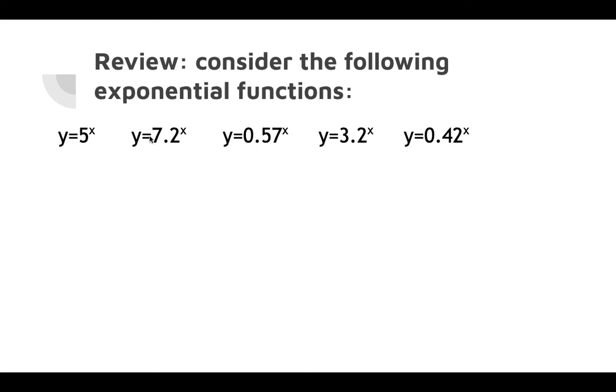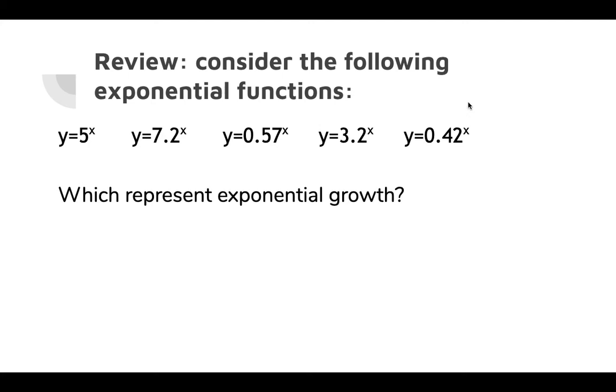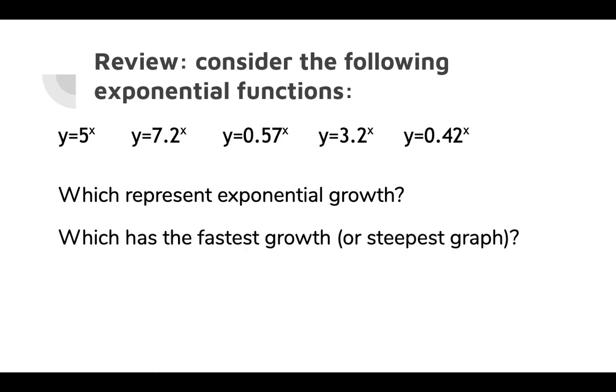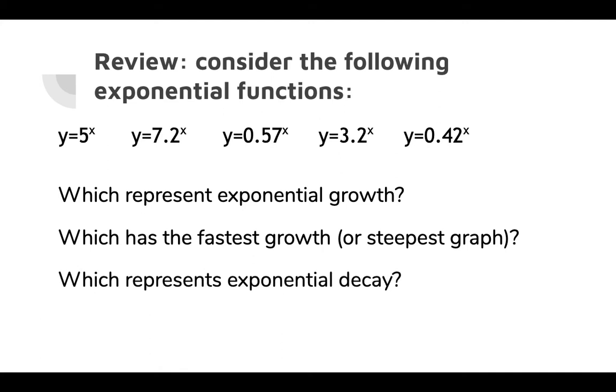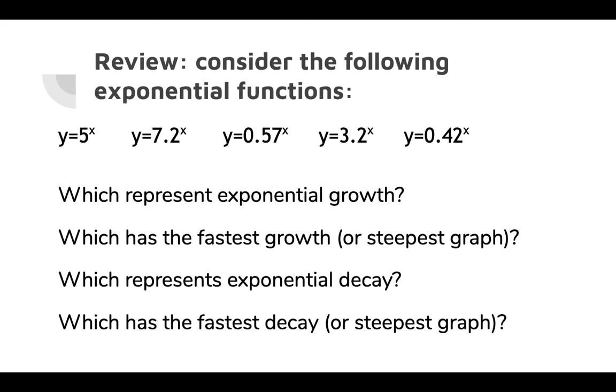So if we have these 5 different exponential functions, which of these represents exponential growth? So which curves are going to go up? Which one of those would have the fastest growth? Which represents decay? So which graphs are going to go down? And which would have the fastest decay?